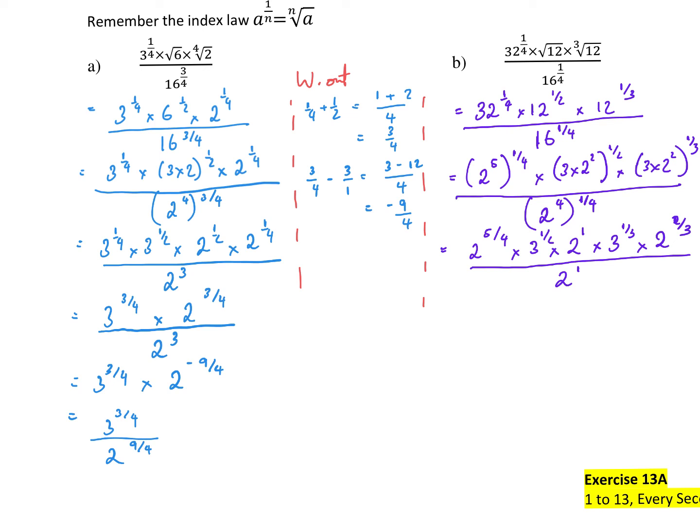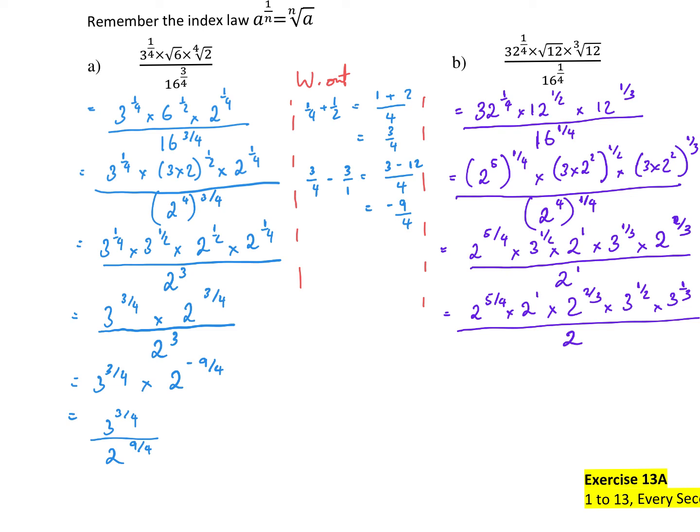Let's put them together to make it a little bit easier. You've got 2 to the power of 5 on 4. So I'm going to do the top first, times 2 to the power of 1, times 2 to the power of 2/3, times 3 to the power of 1/2, times 3 to the power of 1/3, over 2.